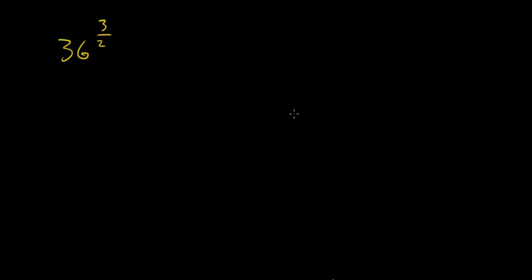So I've got 36 to the 1/2 power, to the 3rd power. Remember, 1/2 times 3 is 3/2. So 36 to the 1/2 power is actually the square root of 36, to the 3rd power.